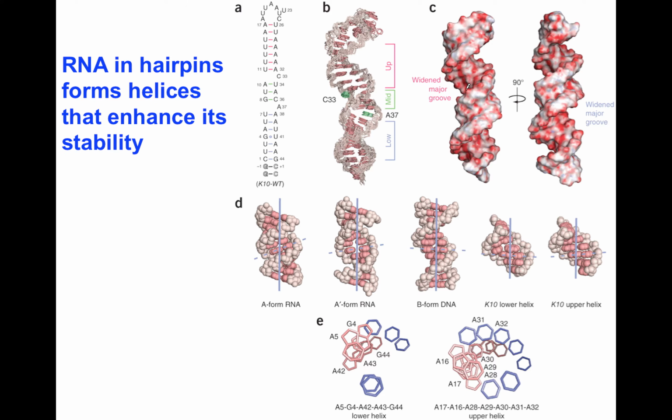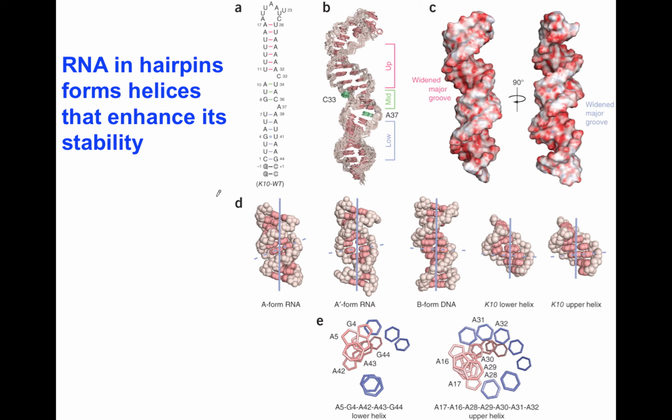And you can see that it has grooves, a major groove and a minor groove. And it can actually form variations on what's called an A form of helix, depending upon what the sequence of the nucleotides is.